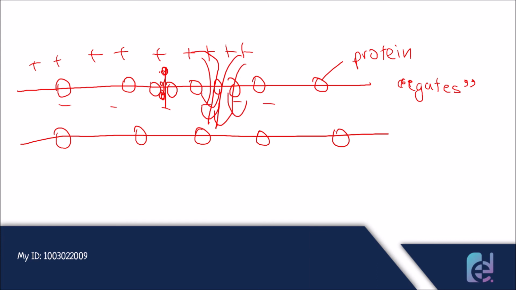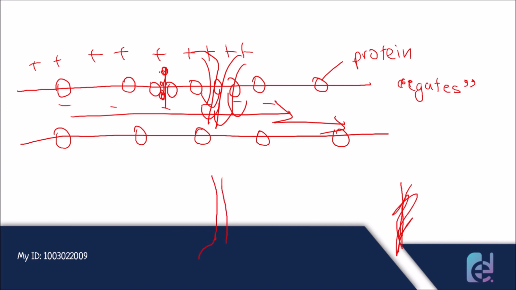Now this results in the flow of electricity. This movement of charges results in the flow of electricity throughout the axon of a neuron. If you don't know how a neuron is structured, this is basically a brief diagram of a neuron. The long part is known as the axon.